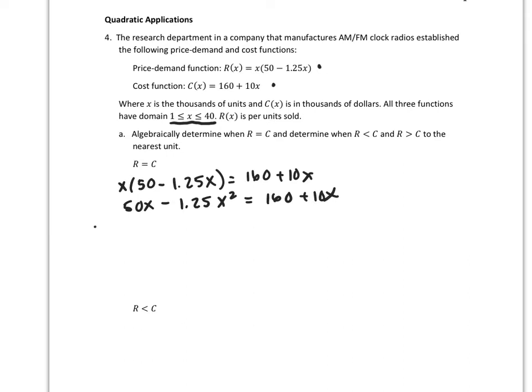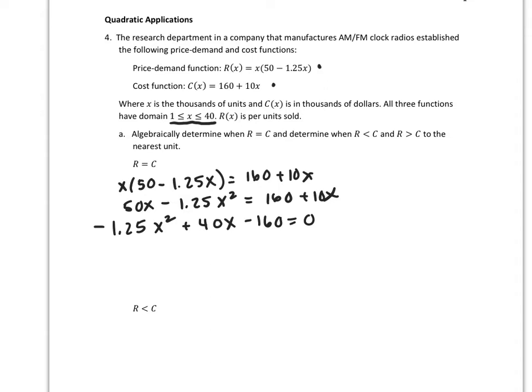That's quadratic, so get 0 on one side. Negative 1.25x squared, subtract 10x from both sides: 40x minus 160 equals 0. Our leading coefficient is negative 1.25. I believe every term is divisible.